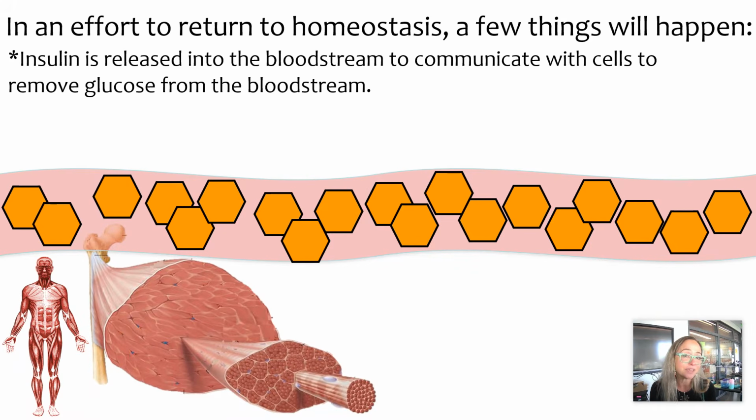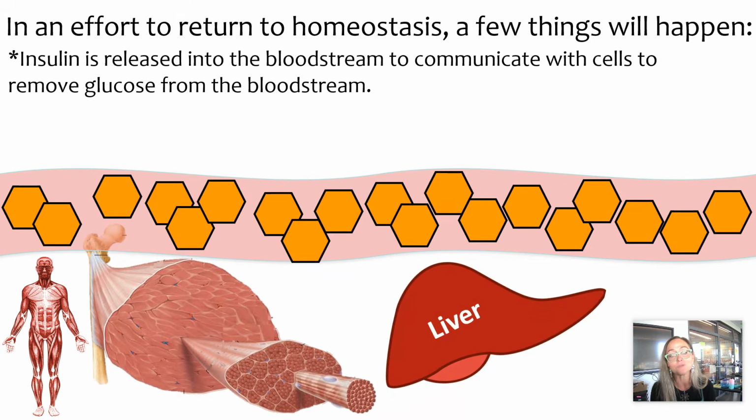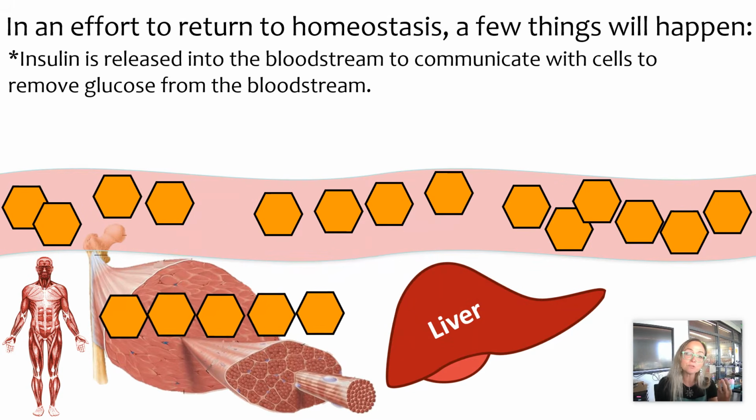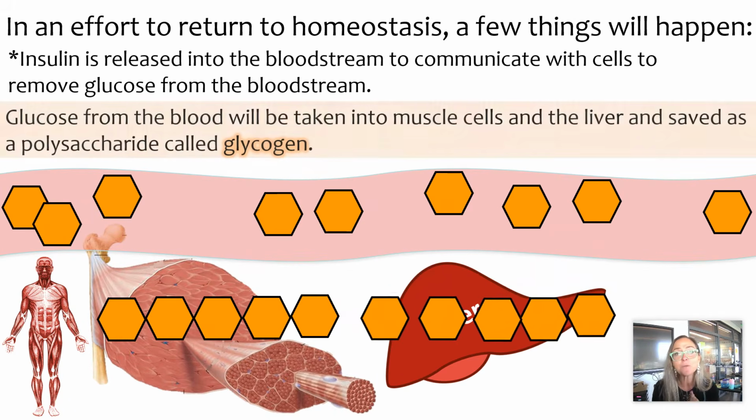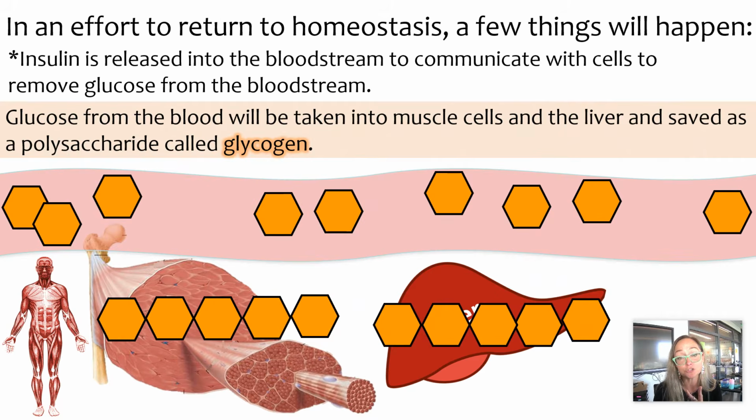One of our first locations where we will store excess sugar is in our muscle cells as well as our liver. So we will begin to remove glucose from our blood. We will talk about how this happens in Unit 2 with cells. As glucose from our bloodstream is removed and stored in our muscle cells and in our liver, we save it as a polysaccharide called glycogen.